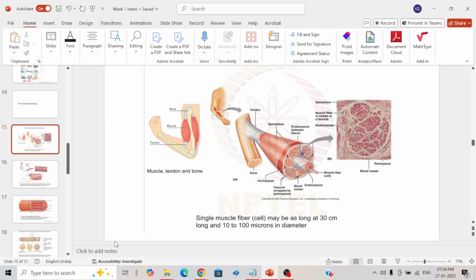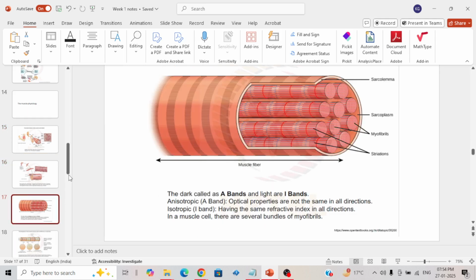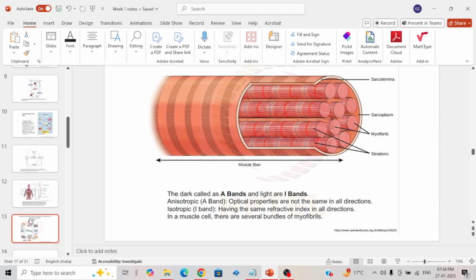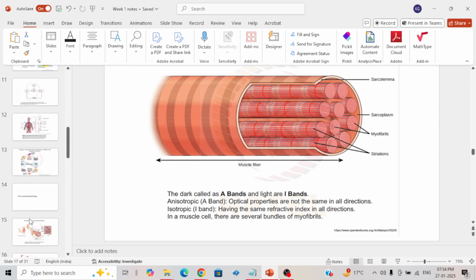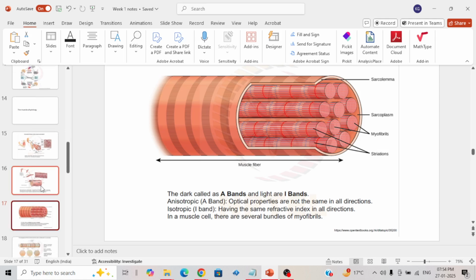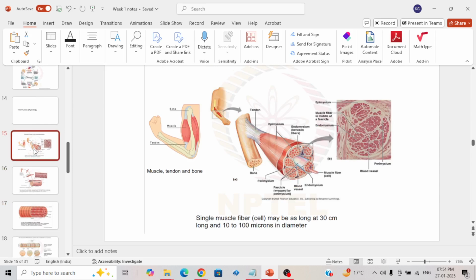Any other confusion or any other question if anyone wants to ask, they can. This muscle anatomy, this physiology and anatomy, you should understand very well.